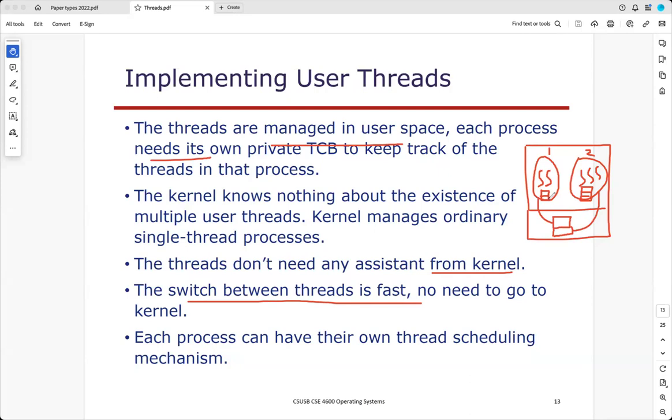No need to go to the kernel, no need to invoke the kernel. Now, the original Unix operating system did not support threads. So if the user wants to create multiple threads, they need to implement user threads.